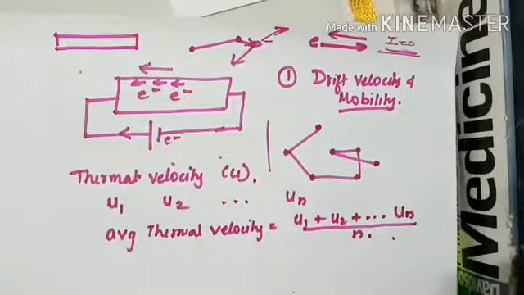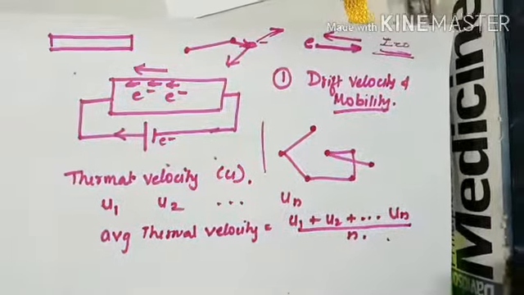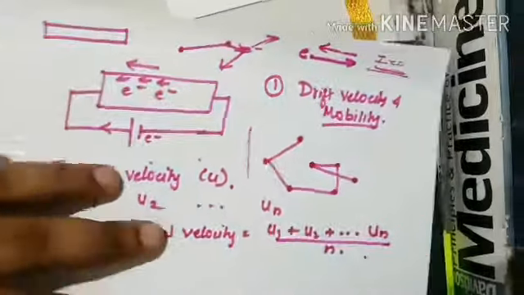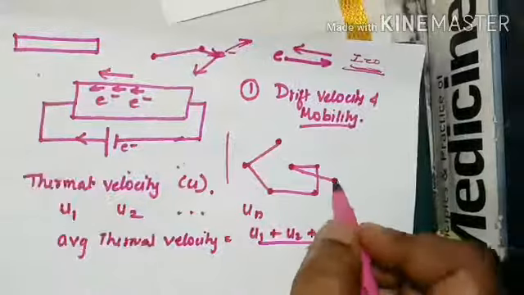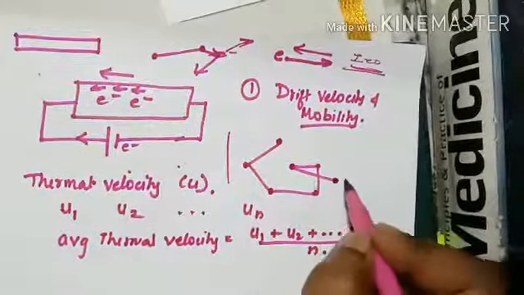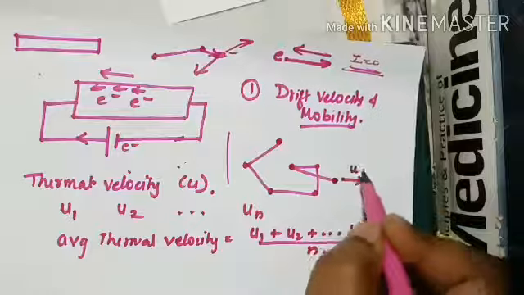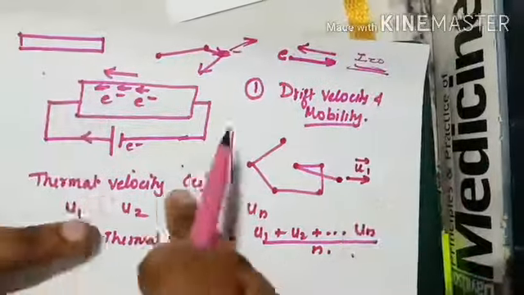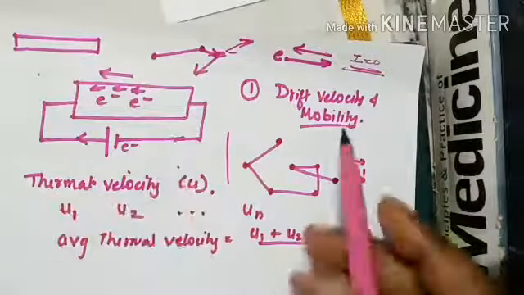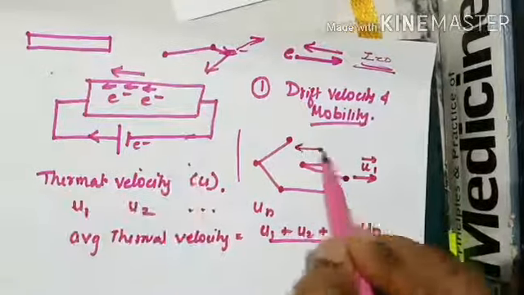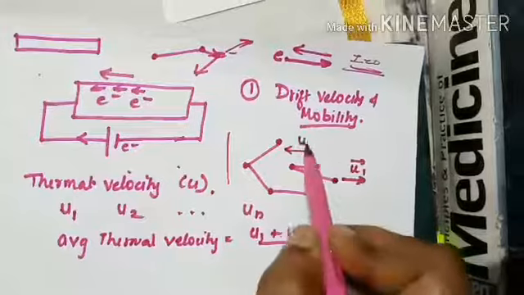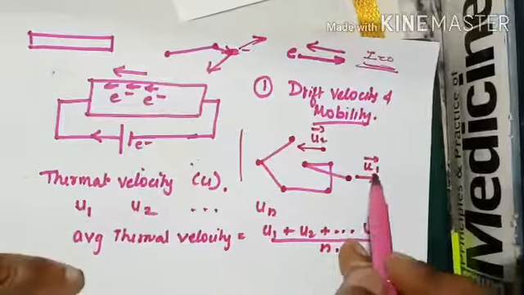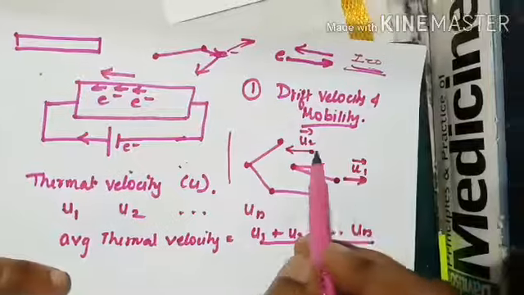This much clear? Now guys, it is thermal velocity, I told you. That means it is in the presence of what? No electric field. So this is the first electron I considered, moving in random motion. Suppose this is the direction of u1, right? Now I am going to consider another electron, which is having thermal velocity u2. It might be having the direction in this direction, that is u2, right? So u1, suppose I am taking positive, then u2 will be minus. Why?